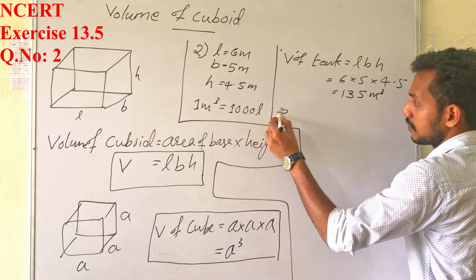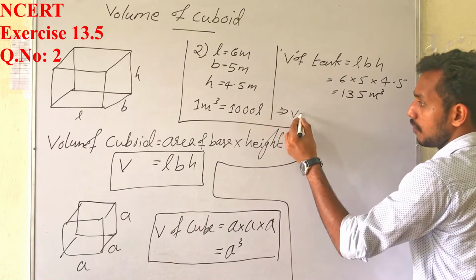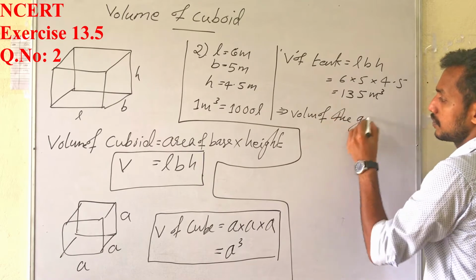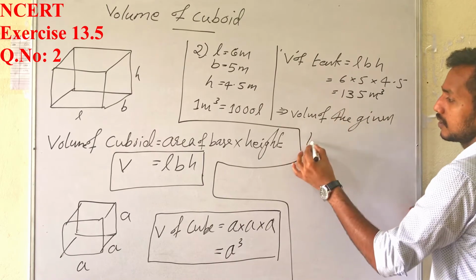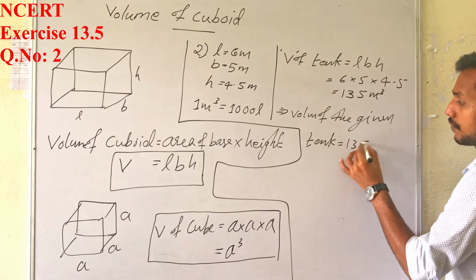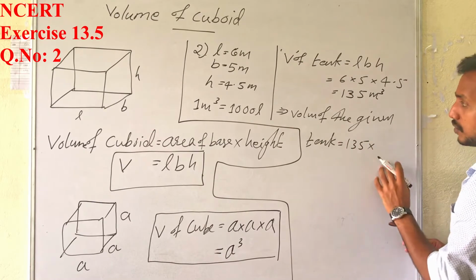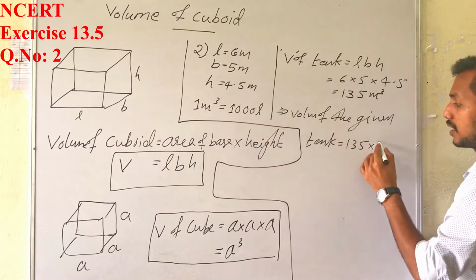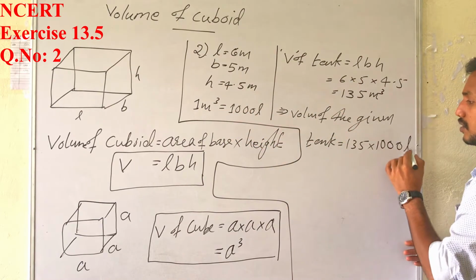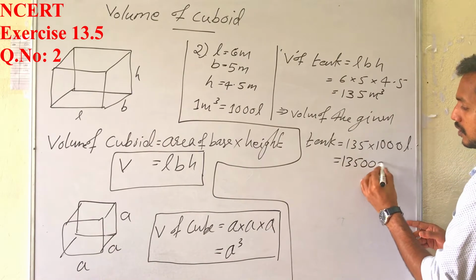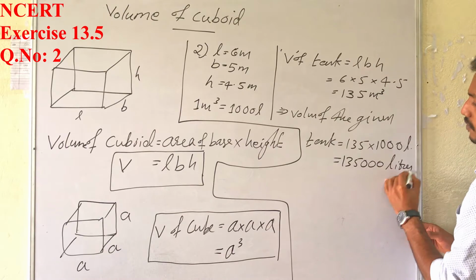That implies volume of the given tank is equal to 135 into, this is meter cube, so 1 meter cube is equal to 1000 liters, so multiply by 1000, which is equal to 135000 liters. Okay.